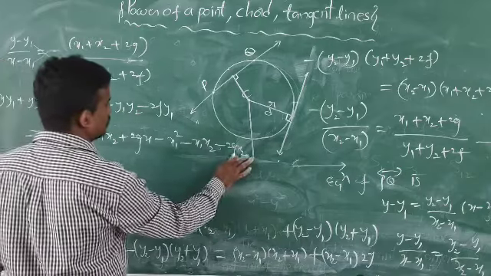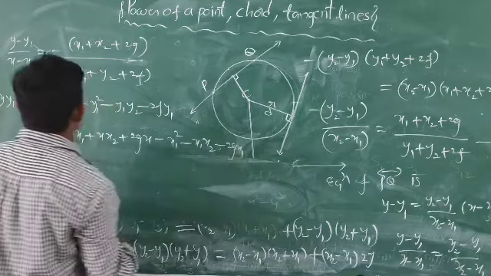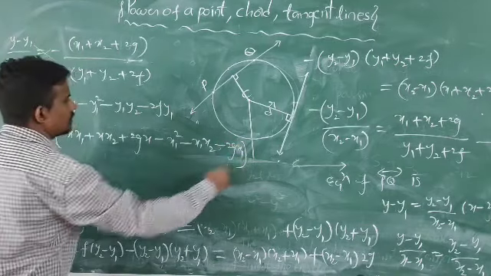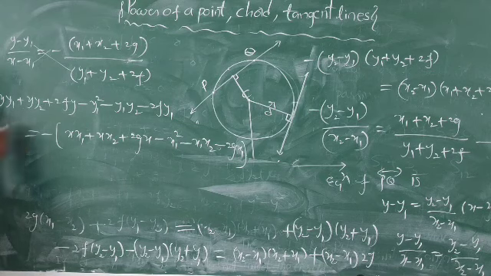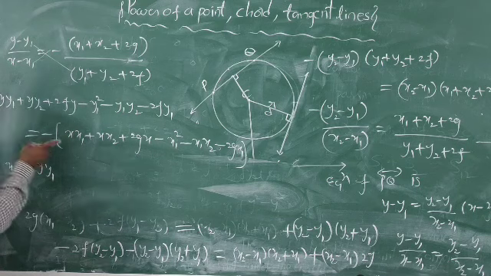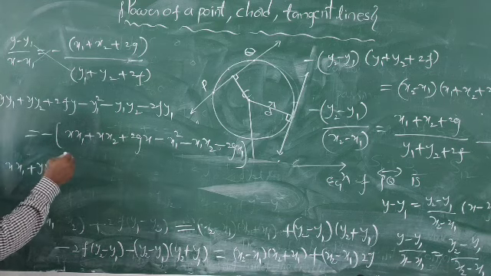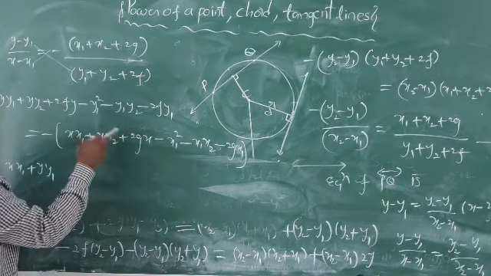This is the expression, and bring the x1 terms together. It is xx1 plus yy1 and these two, and where is 2gx and 2gx1.